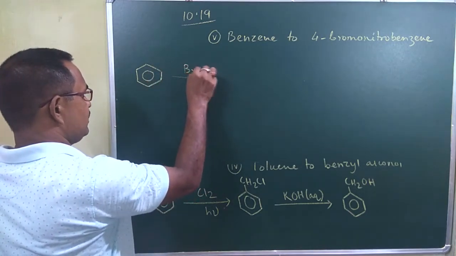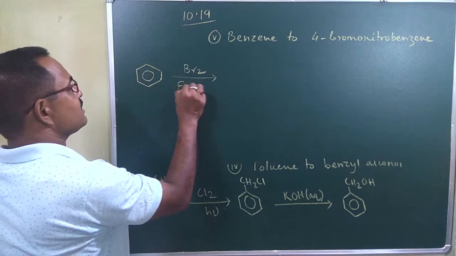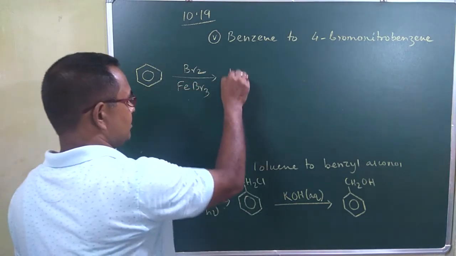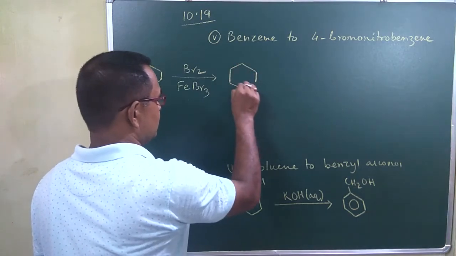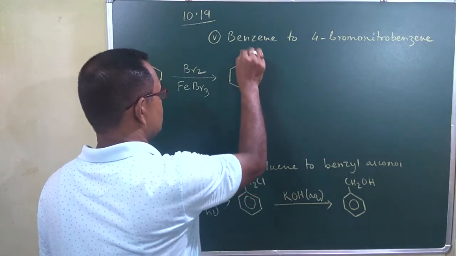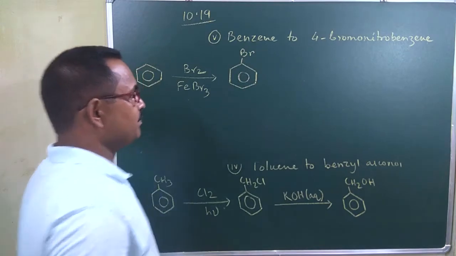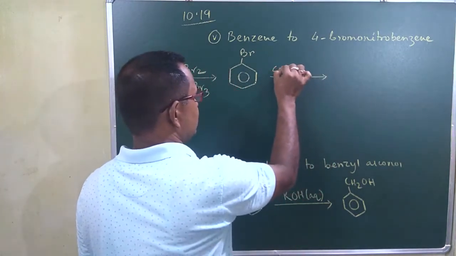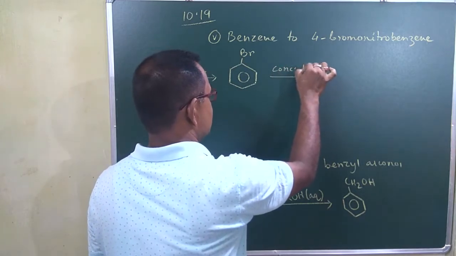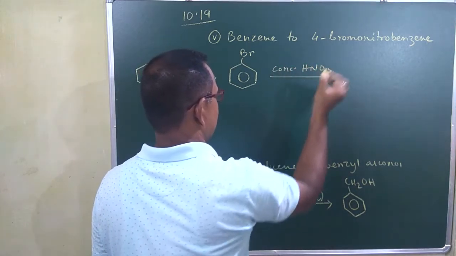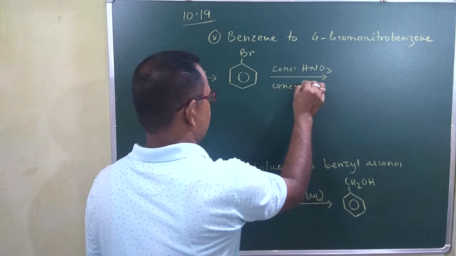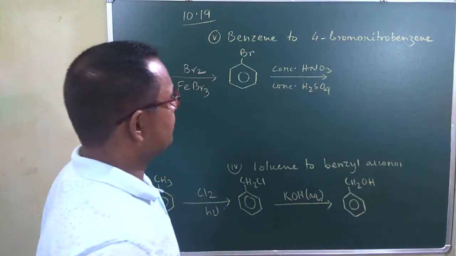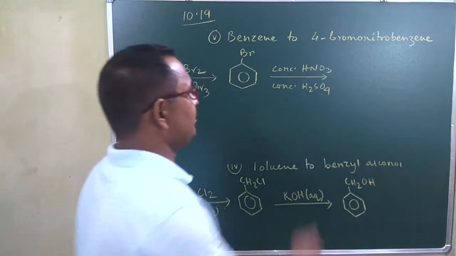React benzene with bromine in presence of ferric bromide. You will get bromobenzene.